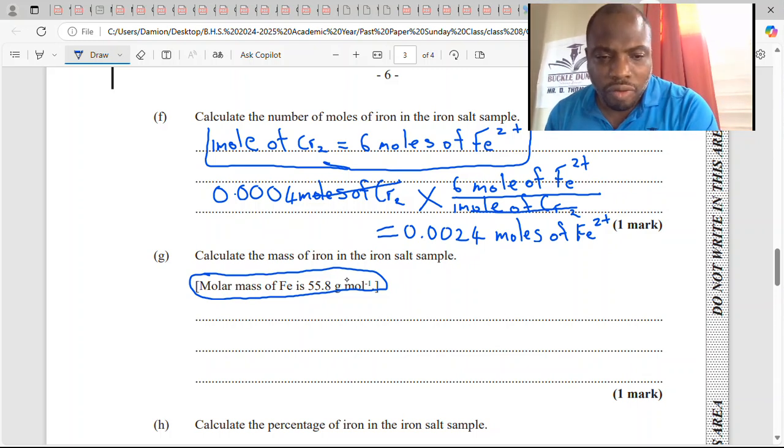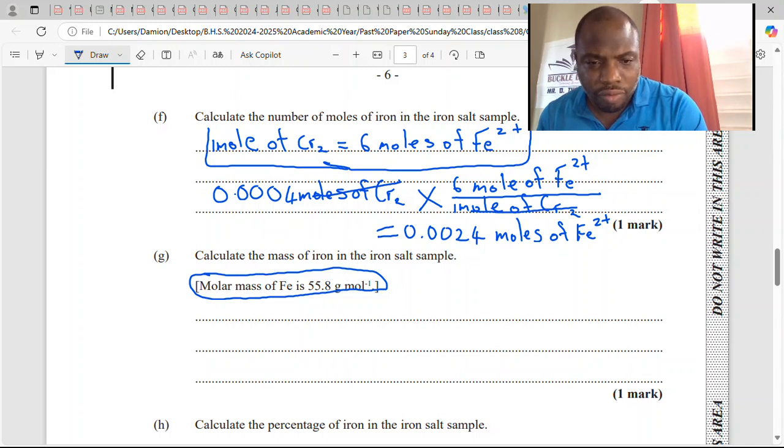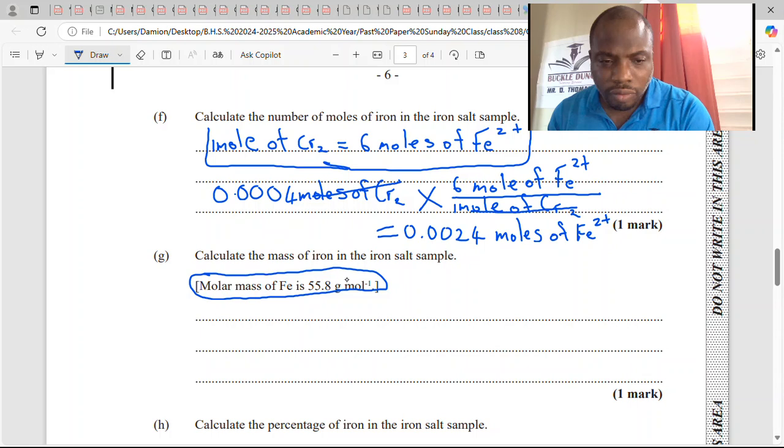So we know when I have 1 mole, it's supposed to weigh 55.8 gram. True? Yeah. So for 1 mole, my conversion that I'm going to be working with should weigh 55.8 gram.